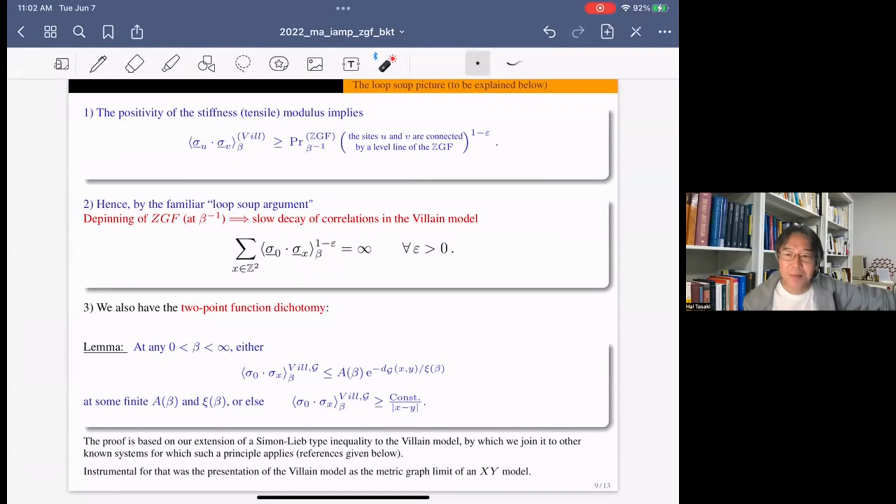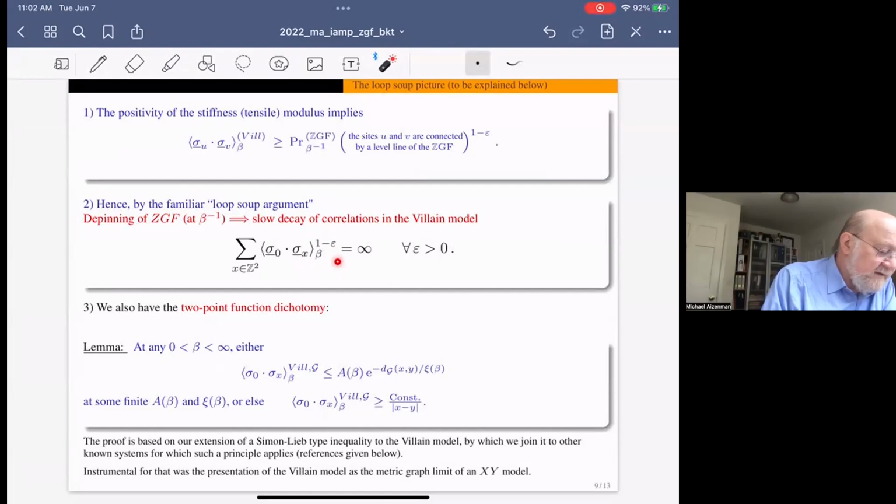So, it's a general principle which applies to many systems. It goes back to the Dobrushin and Pechersky theorem about general statmech problems, and later was simplified for spin models in the Simon and then deep Simon inequalities. Systems which obey those inequalities have the property that you have a dichotomy.